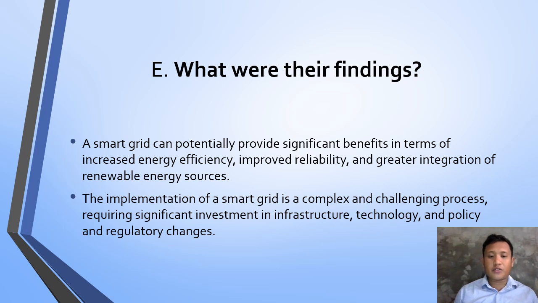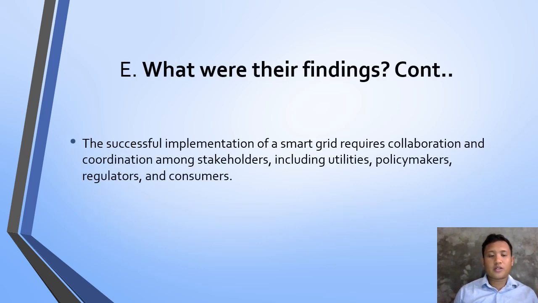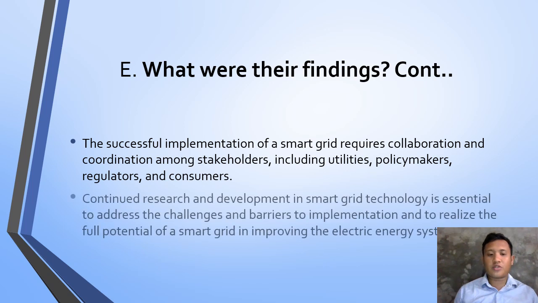Two, the implementation of a smart grid is a complex and challenging process requiring significant investment in infrastructure, technology, and policy and regulatory changes. Three, the successful implementation of a smart grid requires collaboration and coordination among stakeholders, including utilities, policymakers, regulators, and consumers.